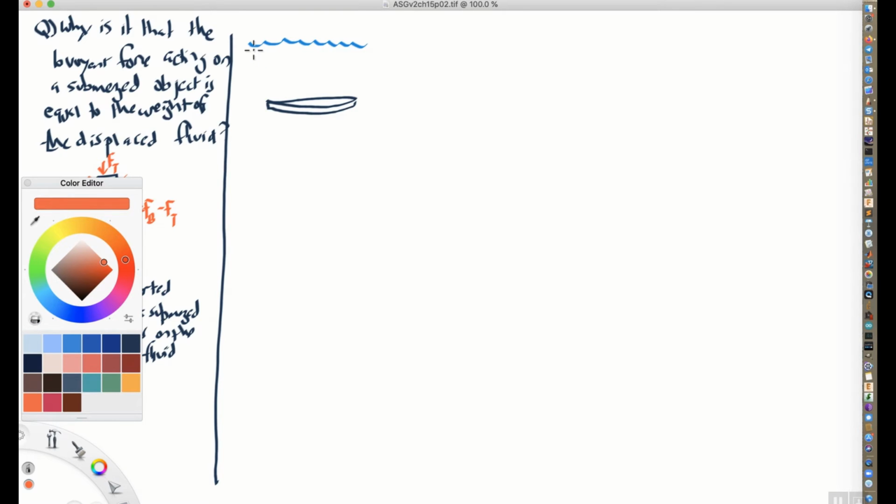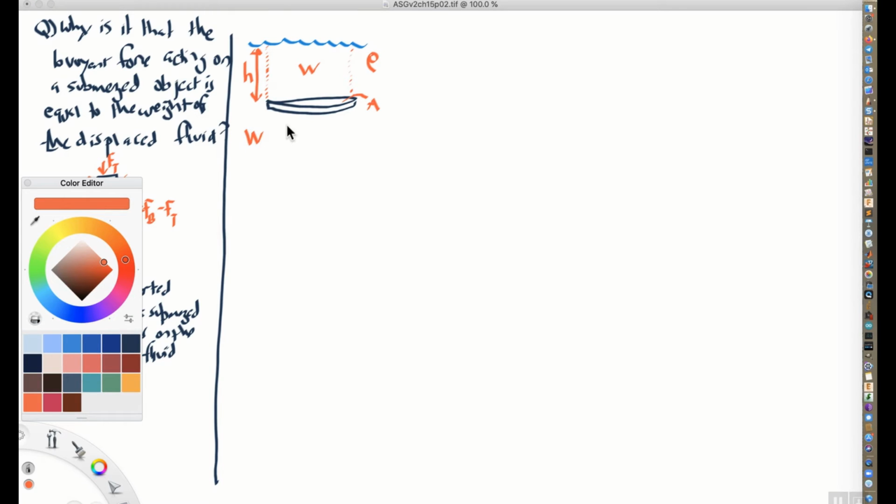This is going to be at some depth h, and the density of the fluid is the Greek letter rho, and let's suppose the area of this plate is A. Then what we really need to consider is the weight of this column of fluid above there, and that weight of that fluid is what's pushing down on the face of that.